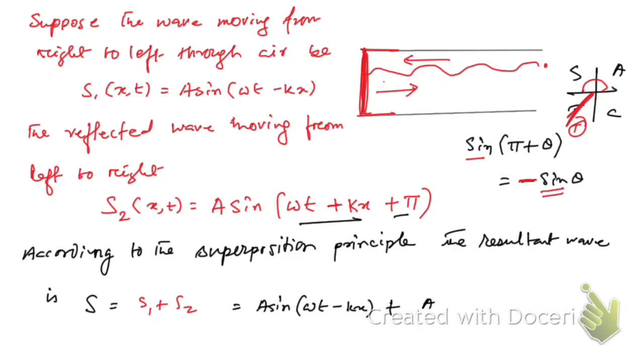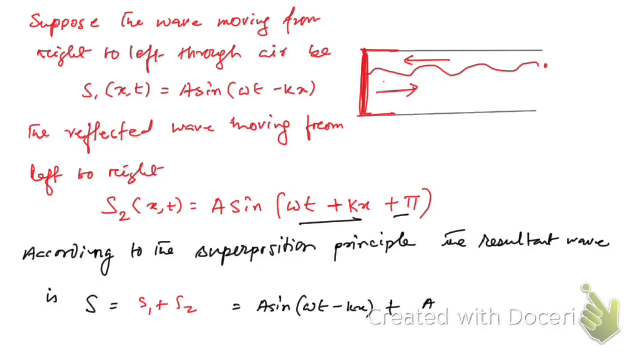If we apply that, this can be written as a sine, with a minus sign, (omega t plus kx). So instead of s2, we're going to put this result here. Hope you have understood this.